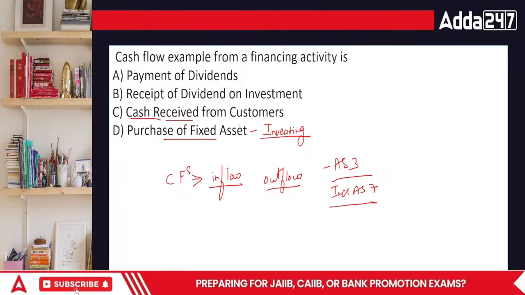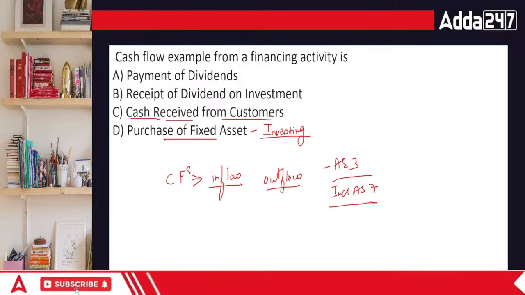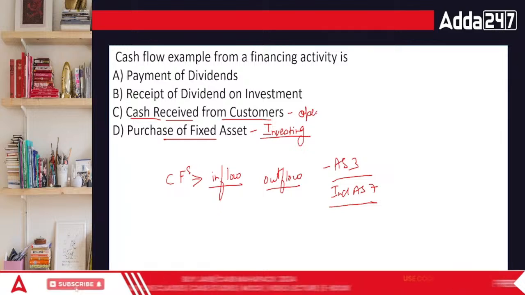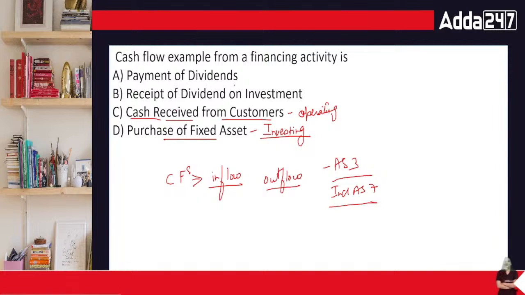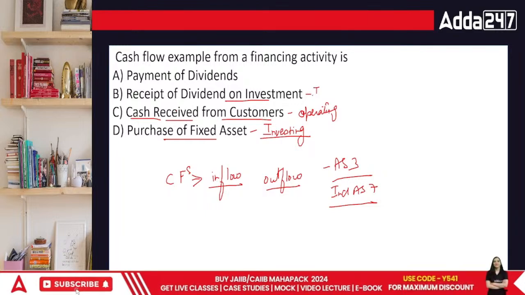Cash received from the customers. If I receive the cash from the customers, what is it going to be, everyone? This is a daily basis thing, so it is operating. Then receipt of dividend on investments. I invested the money, that's why I'm getting it, so it is investing.